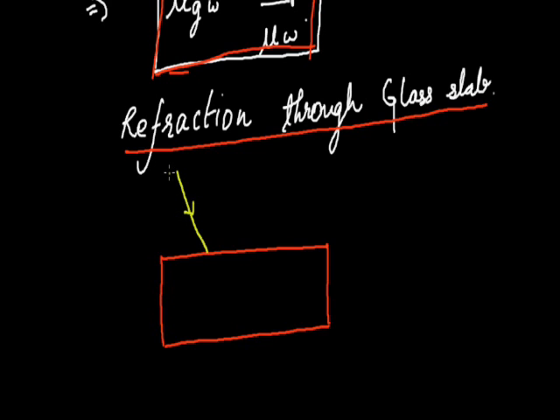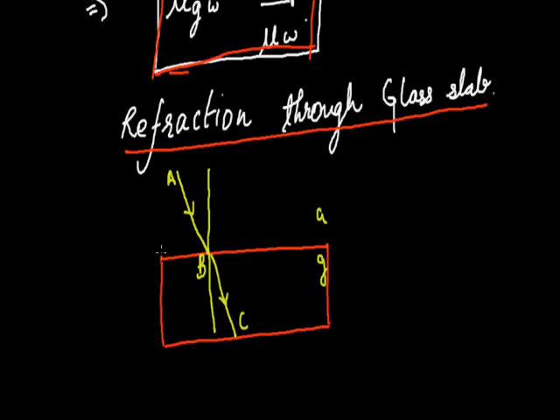When light ray AB falls on the interface between the glass and the air, then as you know, the glass medium is denser than the air medium. That's why this AB ray undergoes refraction, and due to the refraction this ray bends towards the normal. Say it is BC.